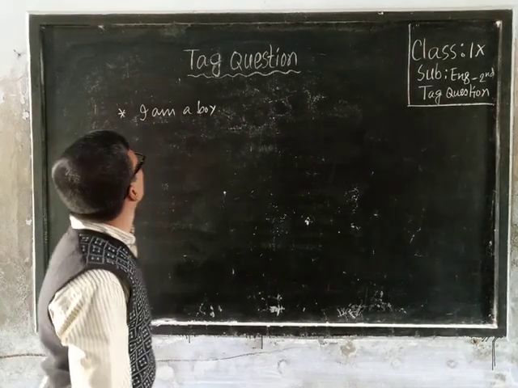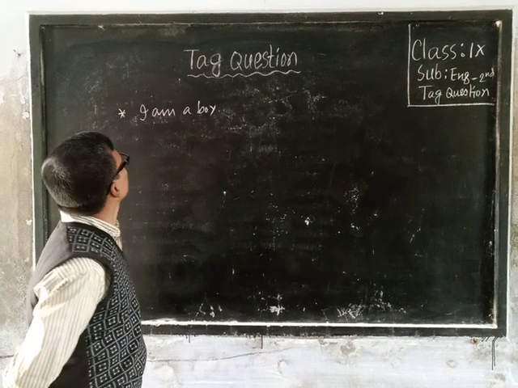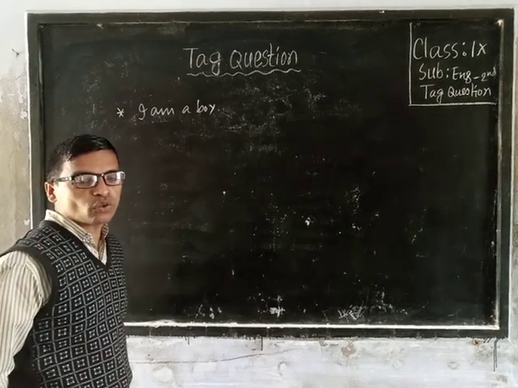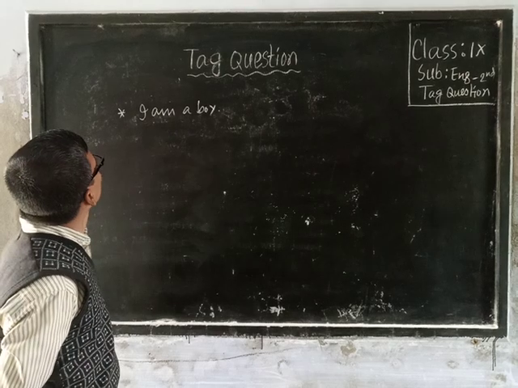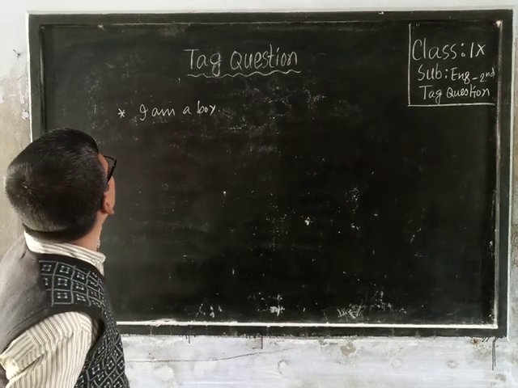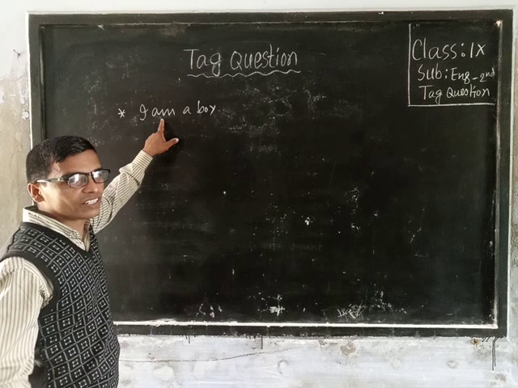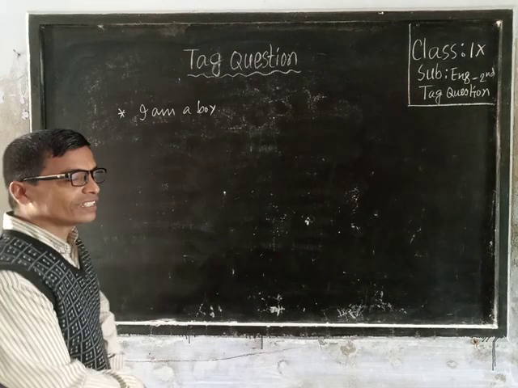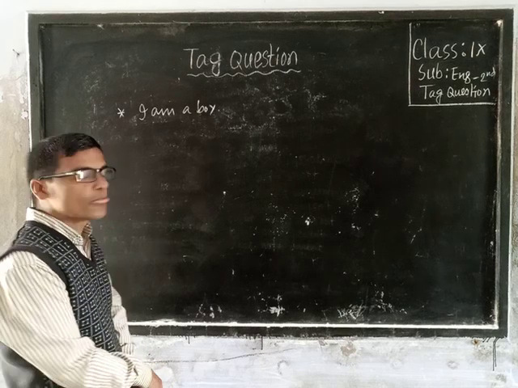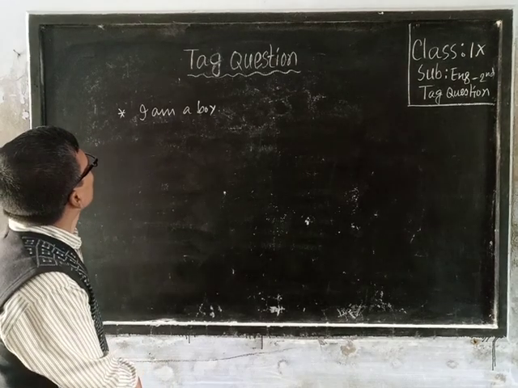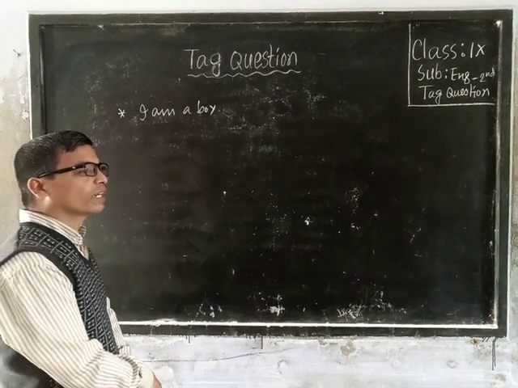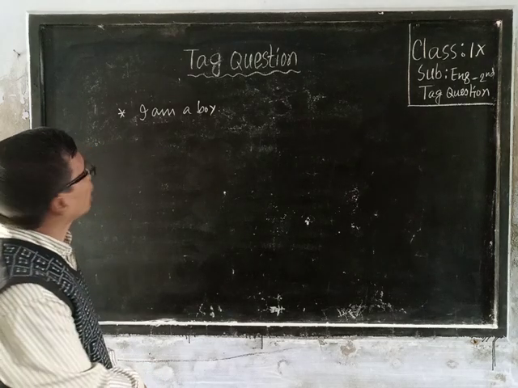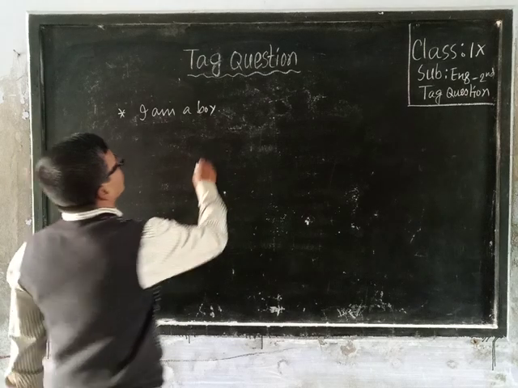Look dear friends, it's a sentence, I'm a boy. Yes, there is an auxiliary verb here, am, and when there is an auxiliary in the sentence, how can we make this into a tag question?